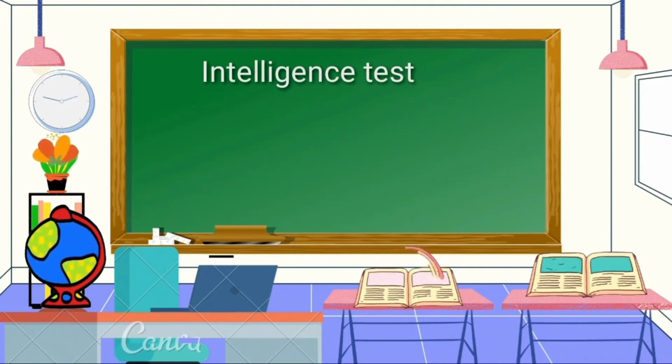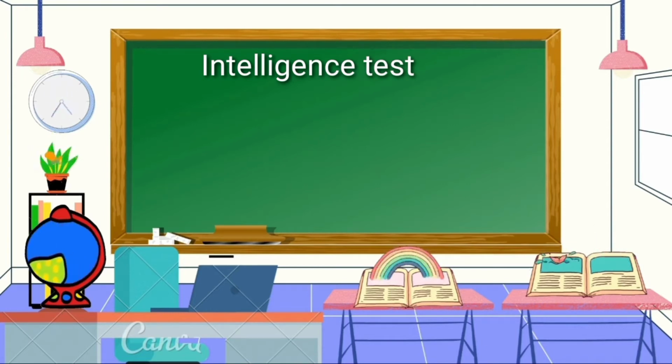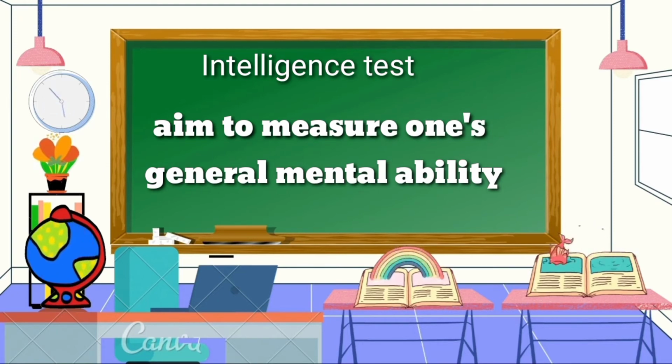Next is the intelligence test. Intelligence tests aim to measure one's general mental ability. So it is the fullness of the intellect of an individual. One example of this is the IQ test.